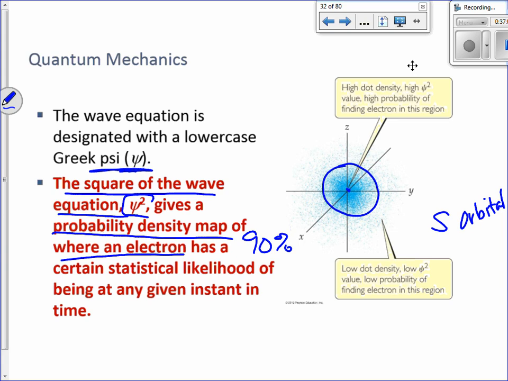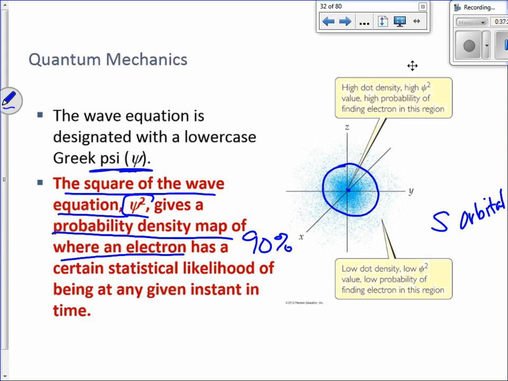So his wave function is a very high level bit of physics here that we're not going to get into, way beyond the scope of this course. It allows us to see these densities and predict where the electrons are going to be 90% of the time.